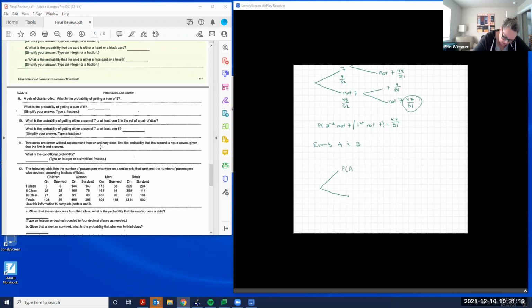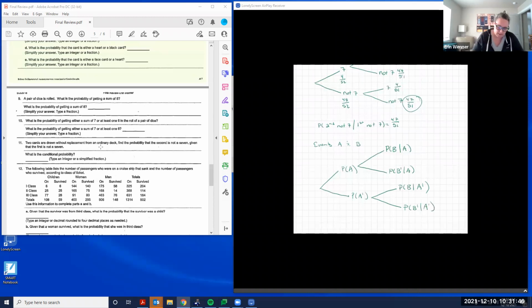The probability of A and the probability of not A. Then this outcome right here is the probability of B given A. This is the probability of not B given A. And here we're going to have the probability of B given not A, and then the probability of not B given not A.